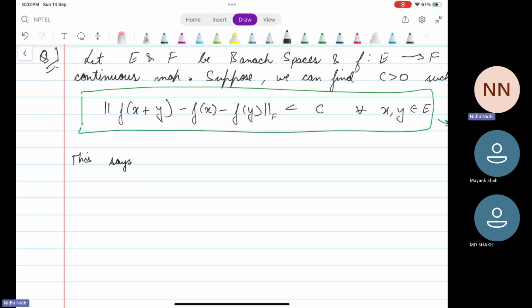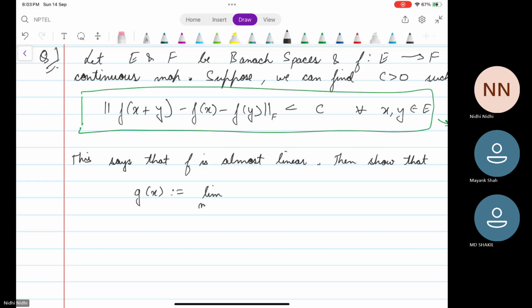Then show that, if I define a new function g using the above function f such that g(x) is equal to the limit as n tends to infinity of f(2^n x) upon 2^n. Here 2^n is just a scalar.